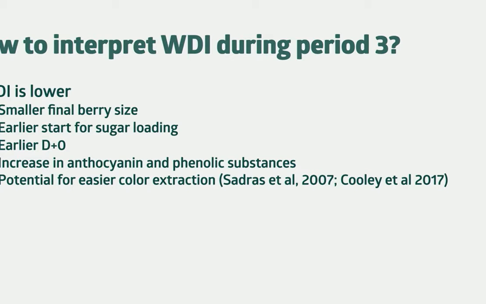We know from the literature that if water deficit is low, if the stress is high during period 3, so pre-veraison, we expect a smaller final berry size. We'll expect an earlier start for sugar loading. We'll expect an earlier end of active sugar loading, so the D+0, which is that stage when sugar stops being actively accumulated.